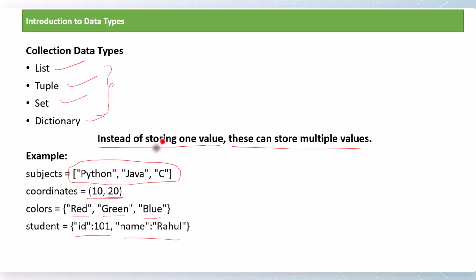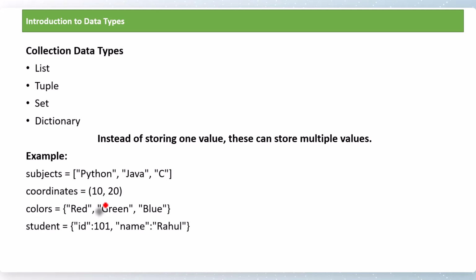So you notice that all these examples are not storing a single value, but they are storing multiple values in different formats. So all these are examples of collection data types because it is a collection of multiple values.